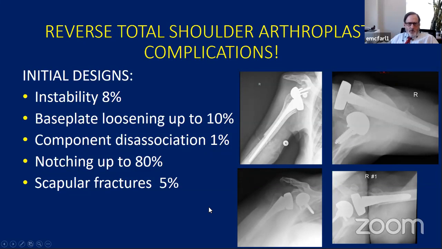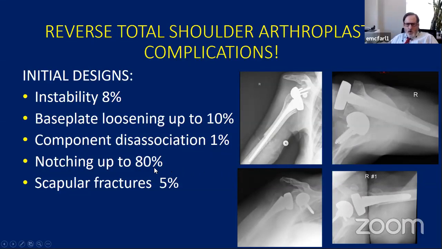And this 10% was Frankel's early experience because he used a really lateralized sphere, and he changed that design. And so the dislocation rate and base plate loosening rate with his type of prosthesis now is around 1%, less than 1% at 5 to 10 years.